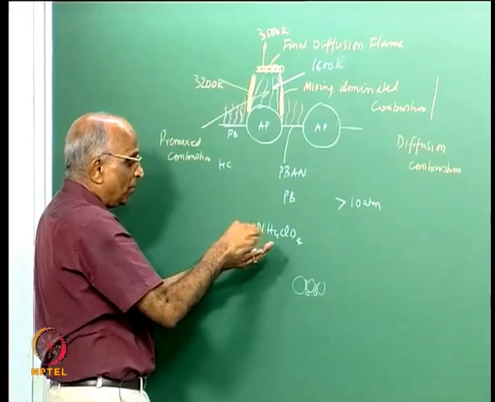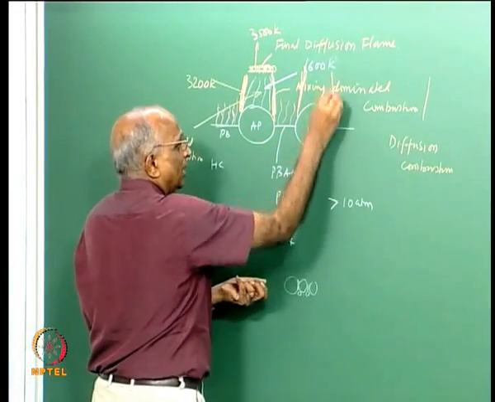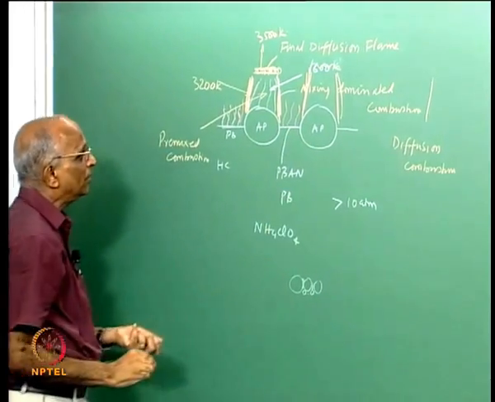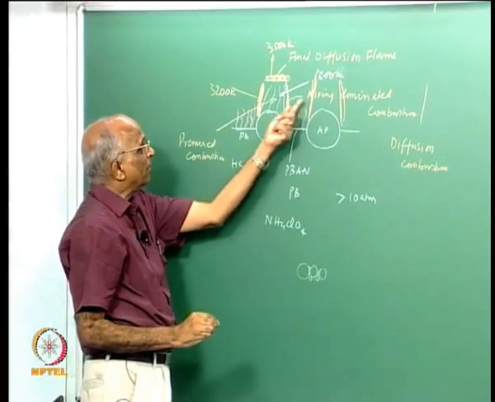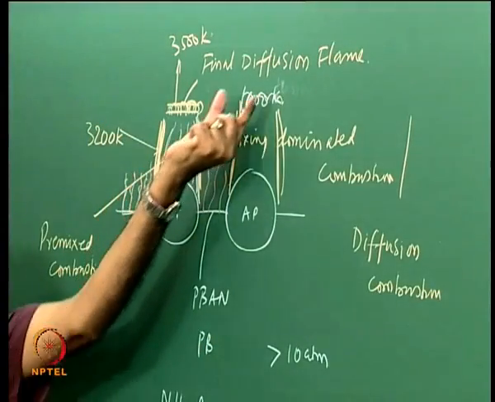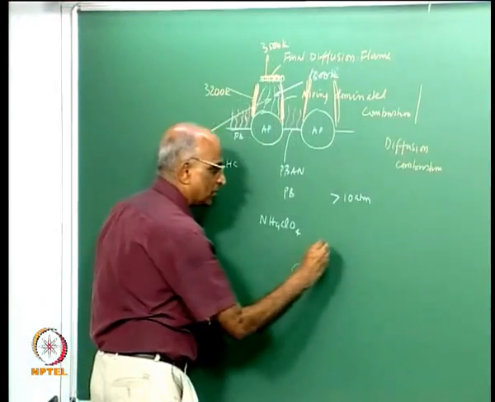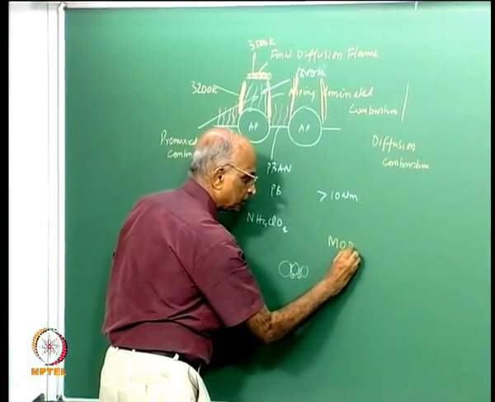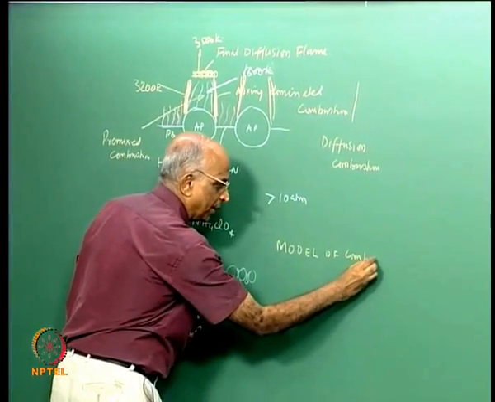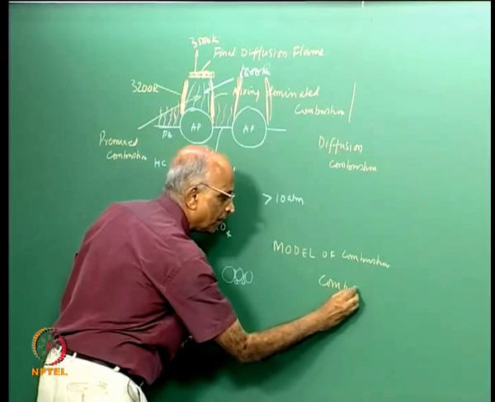If I look over here I will again get a diffusion flame over here, I will again get a diffusion flame over here, well I will get a final flame over here, and therefore this flame and this flame are at 3200, this is around 1000 odd Kelvin, and the highest temperature is reached over here. This could be my mental picture or model of combustion or burning taking place in a composite propellant.